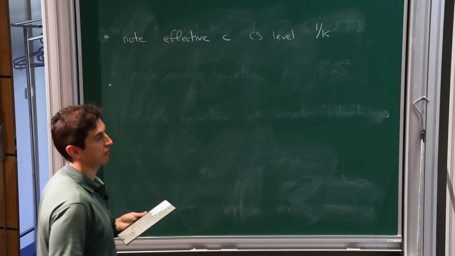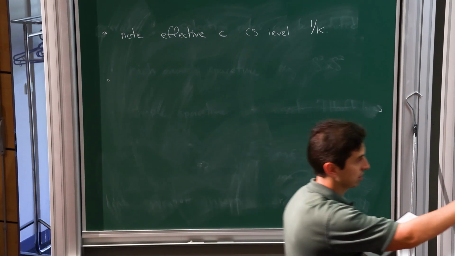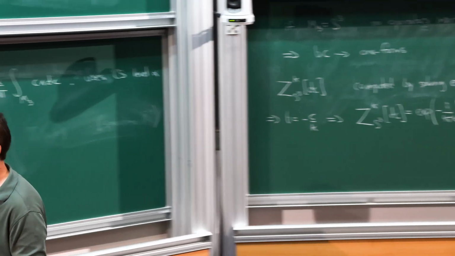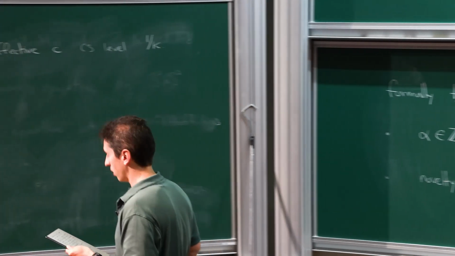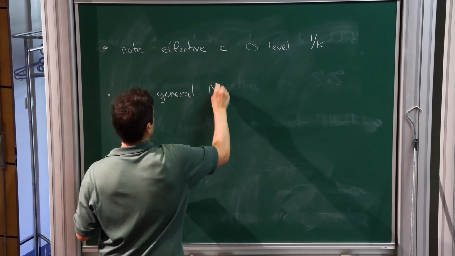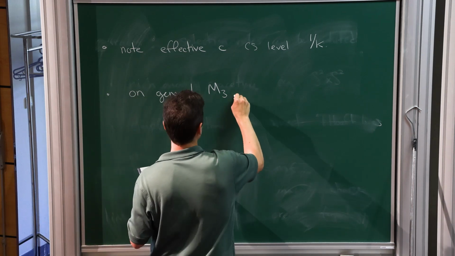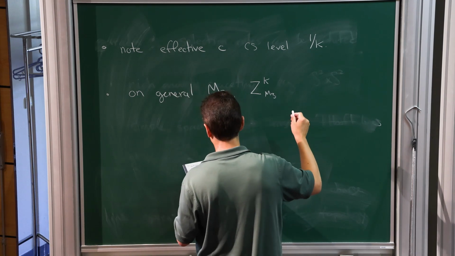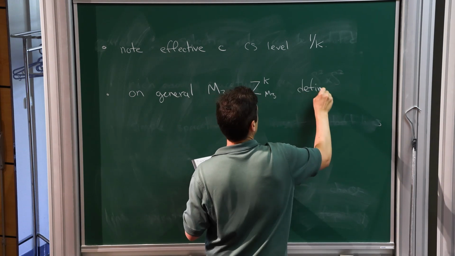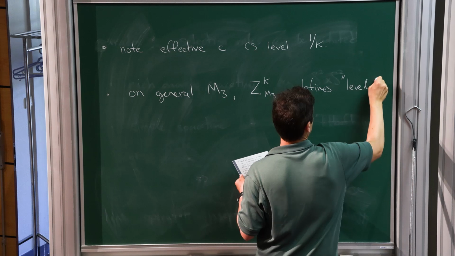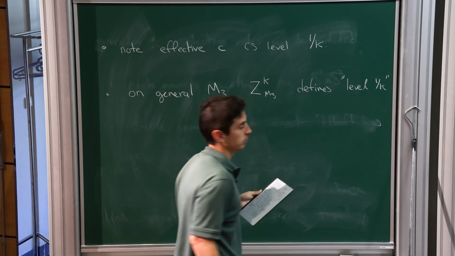Now that was, of course, specific to the fact that we considered this very simple space-time configuration, S3. And on general M3 instead, this Z_k of M3, we can think of it as defining what we mean by level 1 over k.